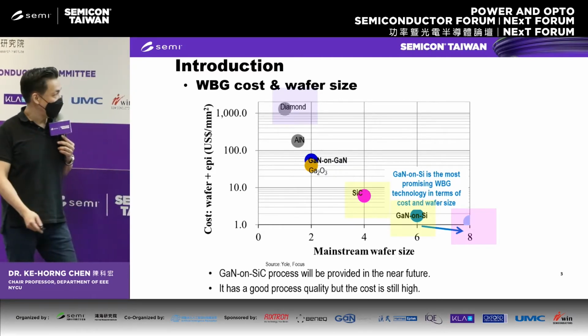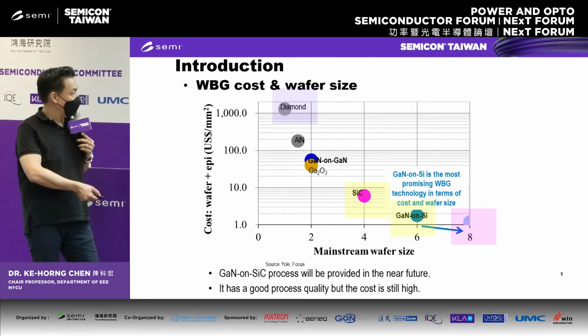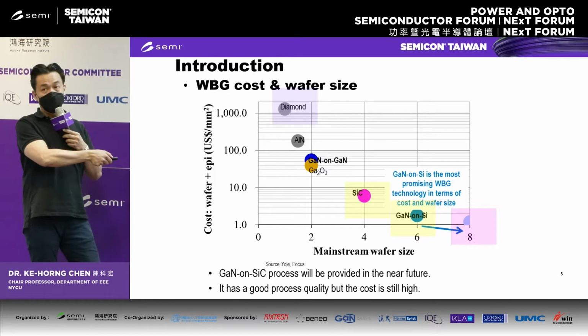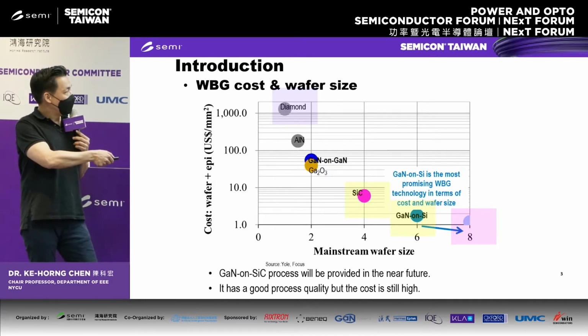Okay, so we can conclude that GaN on silicon process will be provided in the near future. Besides, it has a good process quality, but its cost is still high.